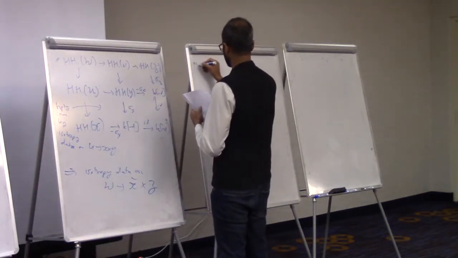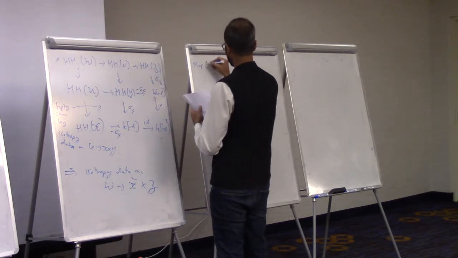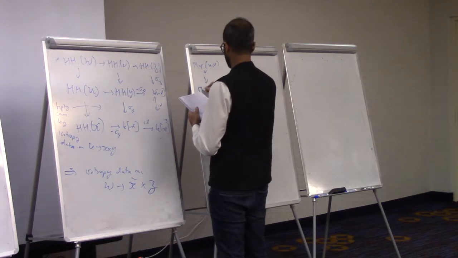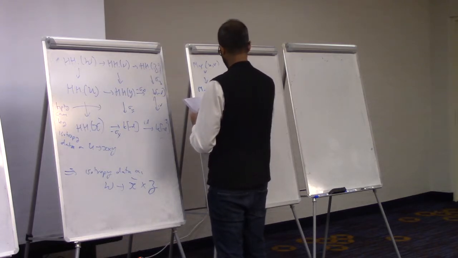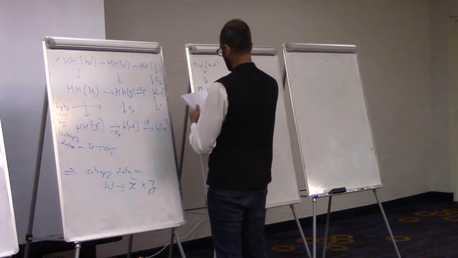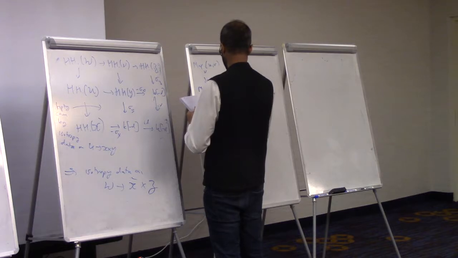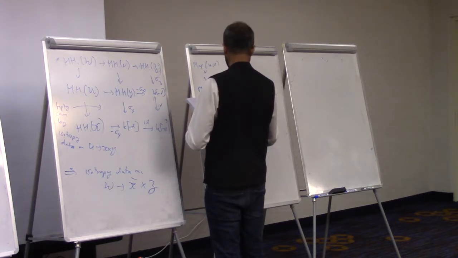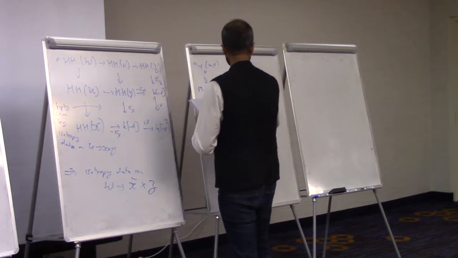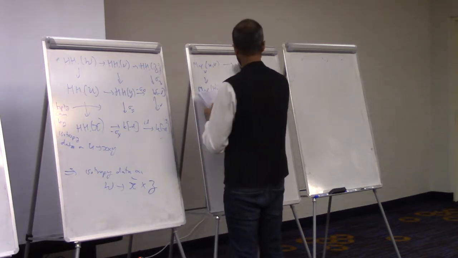So you have maps of u, v in W going to maps of h prime u, h prime v in, what was it, u goes to maps in X of f prime h prime u, f prime h prime v, and so on.